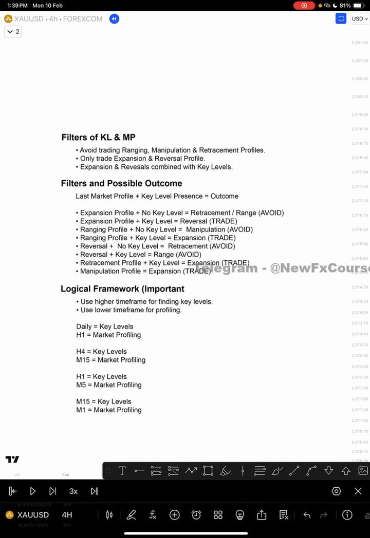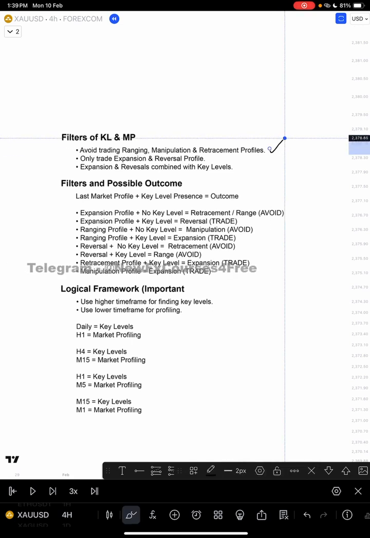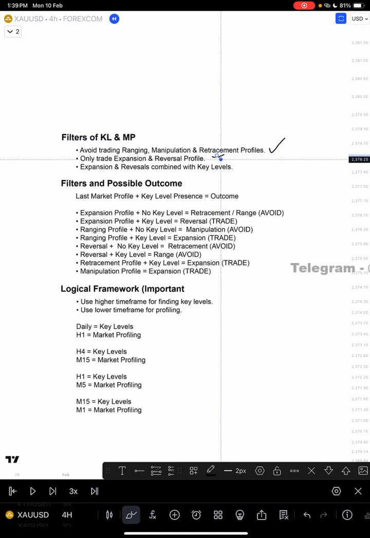So, filters of key level and market profile. Avoid trading the ranging and manipulation and retracement profile. Only trade the expansion and reversal profile. Let me take this off.